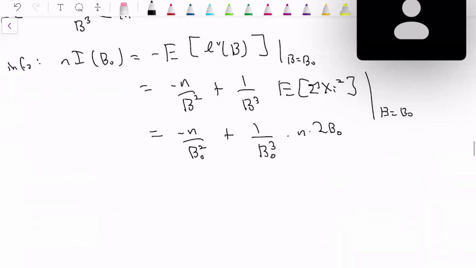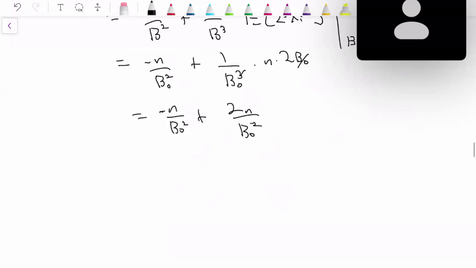Then you'll notice that this will cancel out here. So this will be n over beta naught squared.